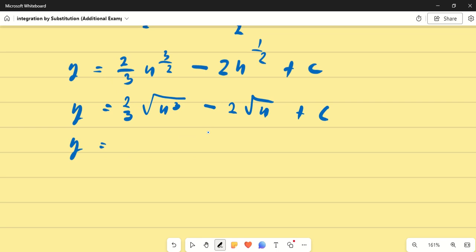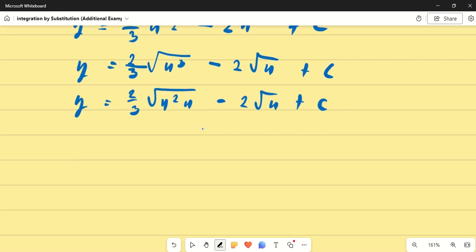So you'll be having y is equal to 2/3, then square root of u raised to the 2nd power times u minus 2 square root of u plus the arbitrary constant c. And then, of course, you have your y is equal to 2/3, and you're aware that the square root of u raised to the 2nd power is u. So you have here u times square root of u minus 2 square root of u plus the arbitrary constant c.